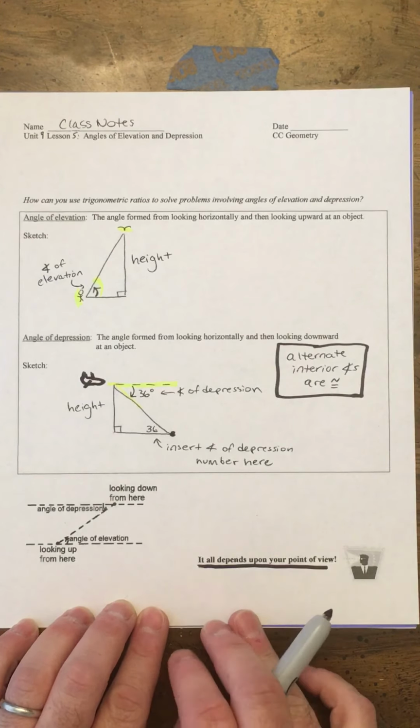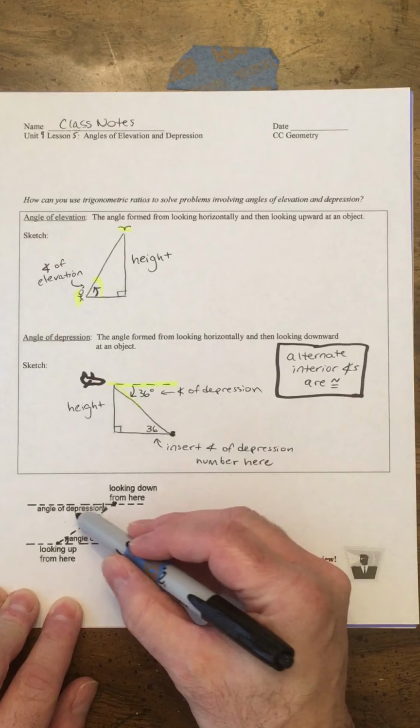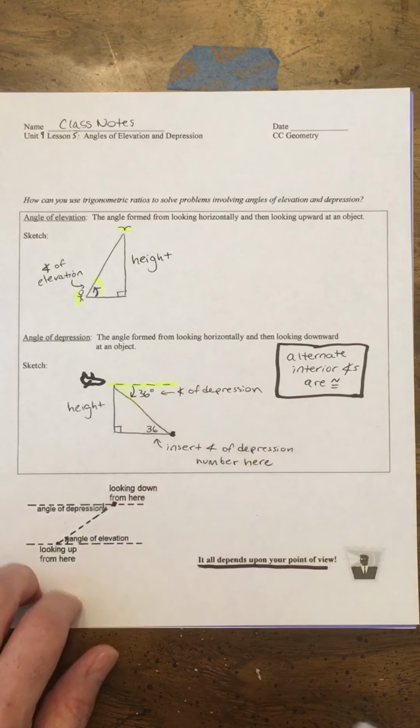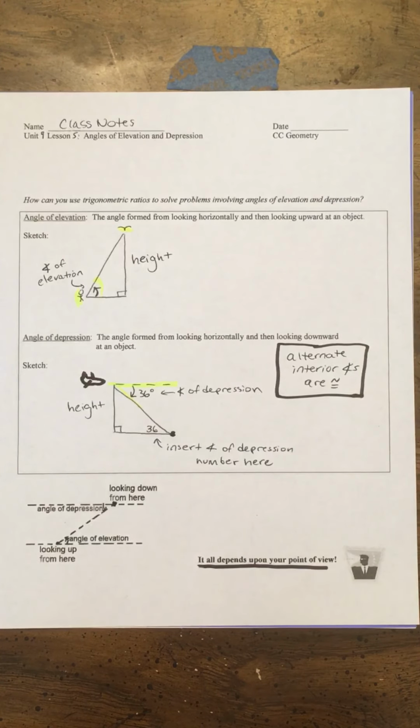If you're looking from here upwards, this is your angle of elevation. If you're looking here downwards, this is your angle of depression, and you see that they're alternate interior angles. So that kind of makes it easy as to where you should put the angles. And you should always really put them into this location, even if you're given the angle of depression. So now we'll try a problem out.